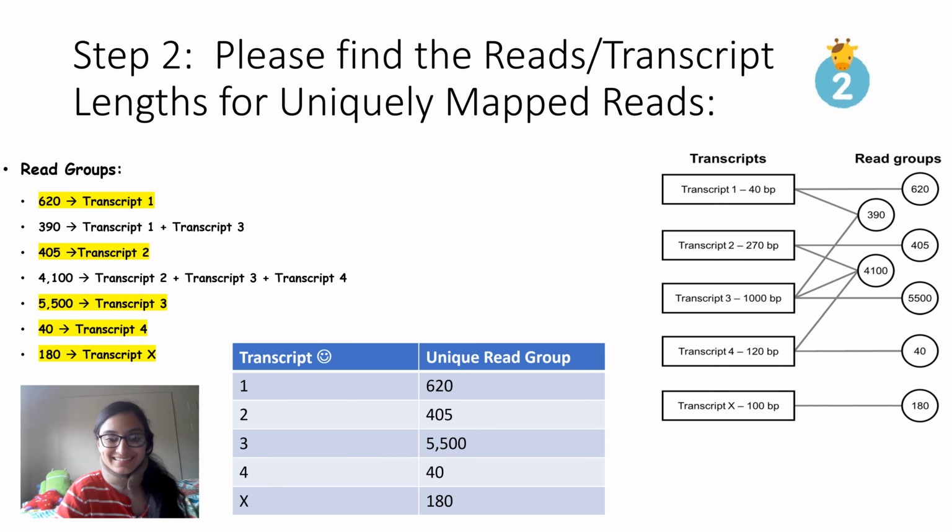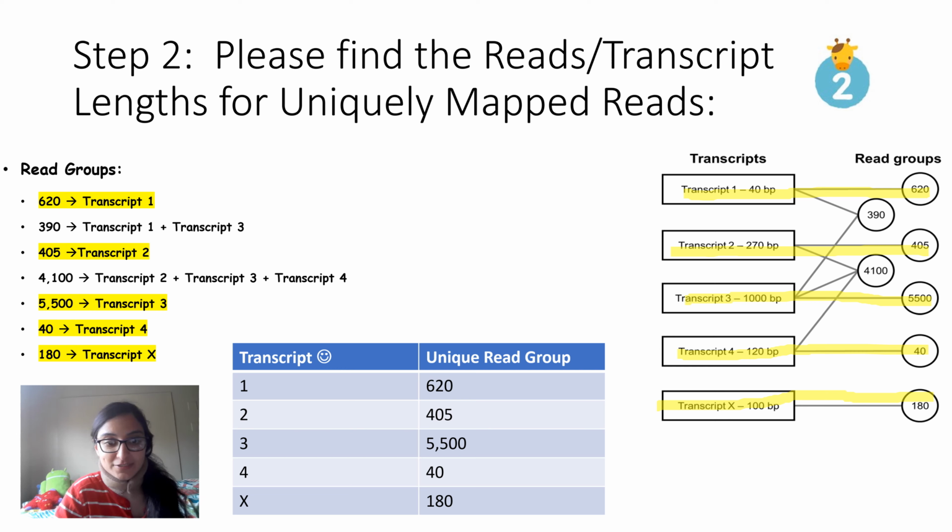As you see here now, we found the reads and transcript lengths for uniquely mapped reads. We found that 620, this read group over here, comes from transcript 1. We found that the 405 read group comes from transcript 2, 5500 comes from transcript 3, 40 comes from transcript 4, and this last one of 180 comes from our transcript X. We can now put it into this table, where we just focused on these uniquely mapped groups.